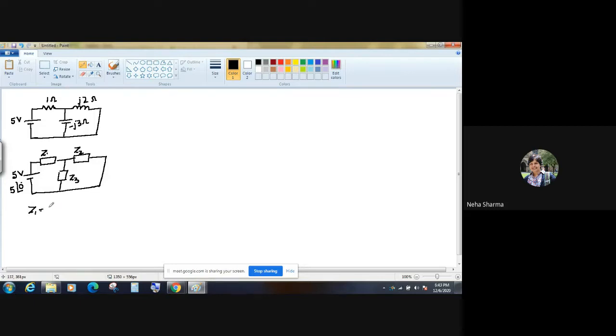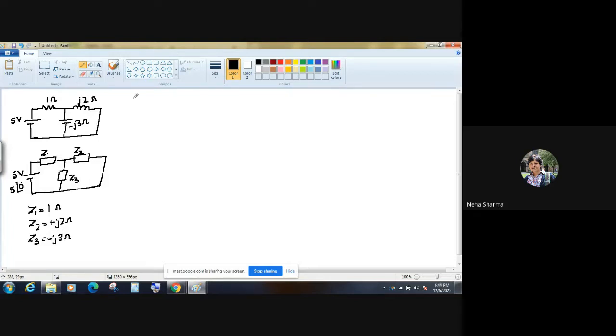Now here my Z1 is pure resistance, so 1 ohm. My Z2 is an inductor and the value is given as plus J2 ohms. Z3 is a capacitor, so negative J3 ohms.